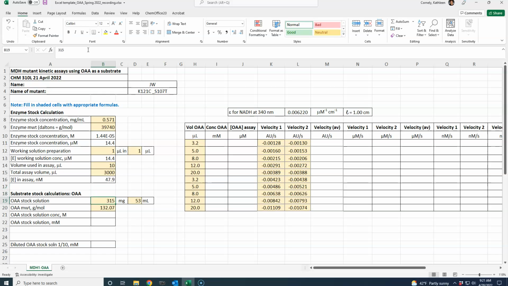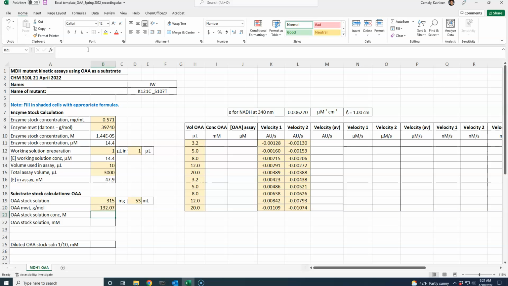Okay, what about the substrate? I took 315 milligrams of OAA and I dissolved it in 53 milliliters of water. And I did this because adjusting mass can be difficult. It's easier to adjust volume. And that's the molecular weight of the OAA.